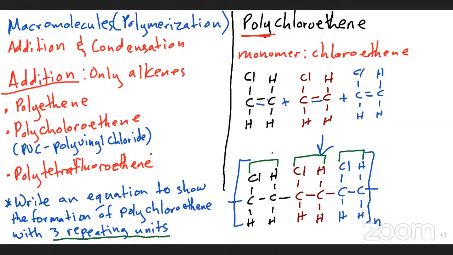Excuse me, sir. The chlorine, does it have to be on the first carbon, or can it be on the second carbon? We put it on the first one. Okay, in this instance it would appear like the first one.